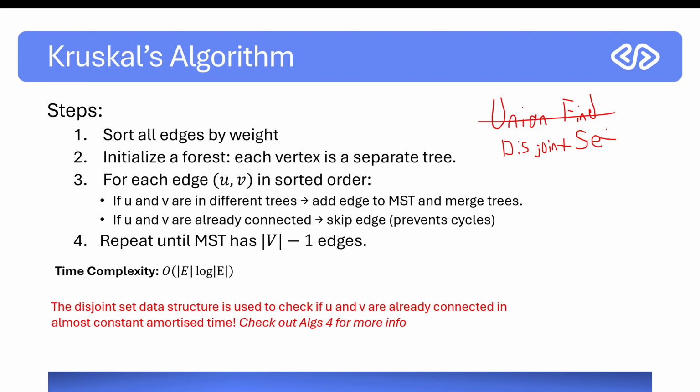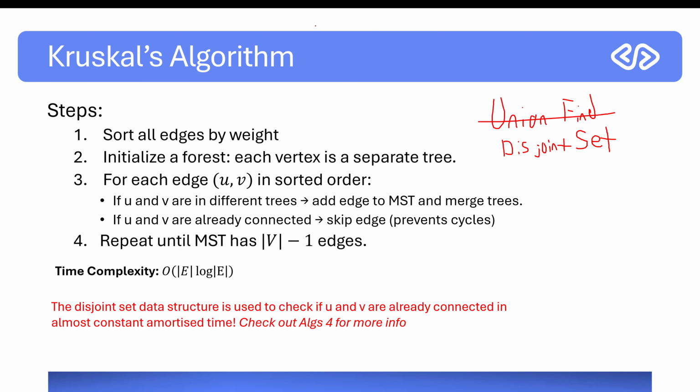So the disjoint set data structure is sort of self-explanatory. It lets you create disjoint sets. So that will be helpful because we want to see.